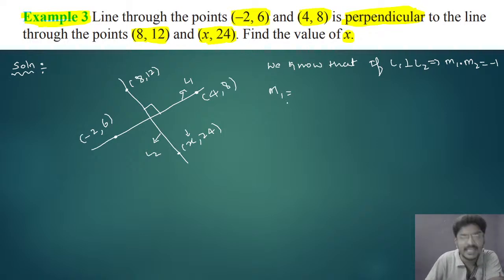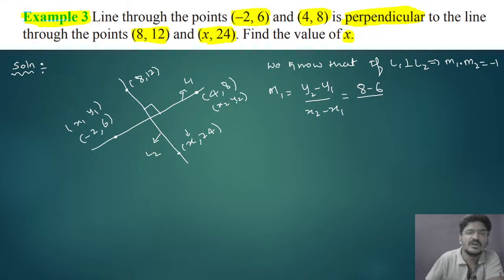The formula is y2 minus y1 divided by x2 minus x1. Take this as x1, y1 and this as x2, y2. Therefore y2 minus y1, that is 8 minus 6, divided by 4 minus (-2). That will be 2 divided by 6, that is 1 by 3.